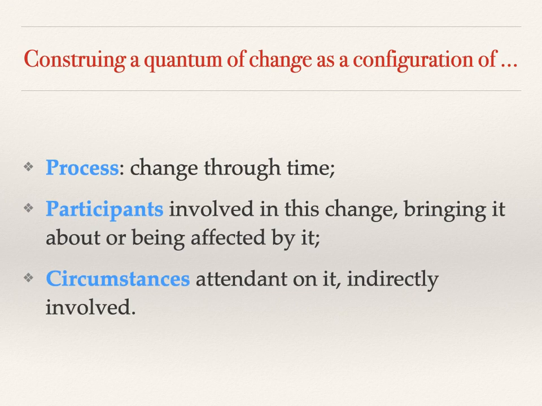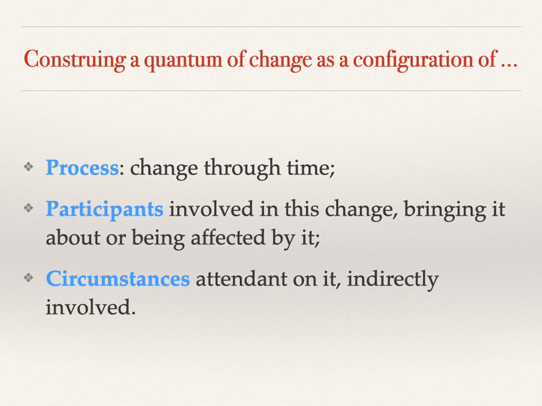They may be affected, they may even be brought into existence by the performance of the process, but unlike the process, they're not simply located in time, past, present, future, in a language like English. And then indirect participants, as it were, circumstances attendant on the process and participants, indirectly involved. So this is a kind of model where the process is a center, and other elements are more or less centrally or peripherally involved in this process.